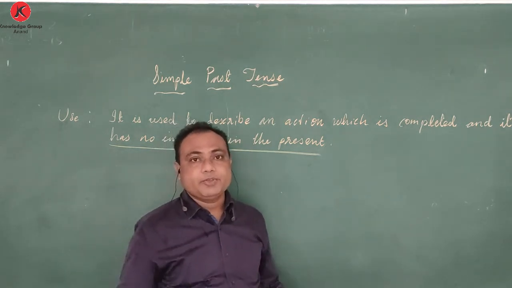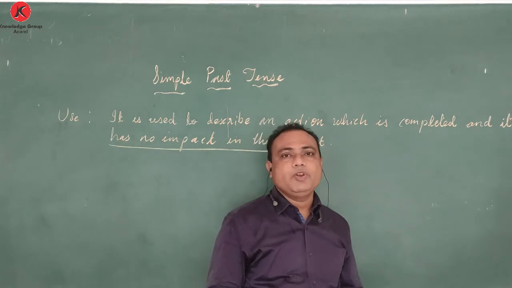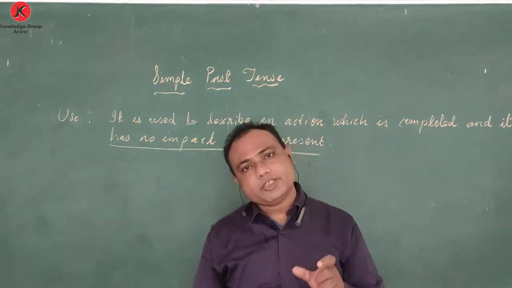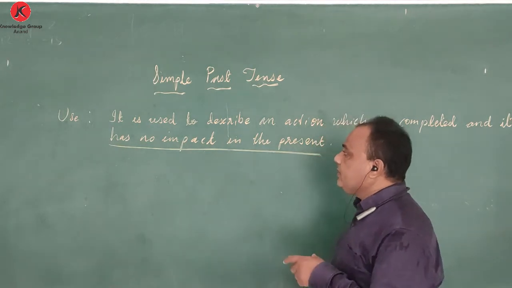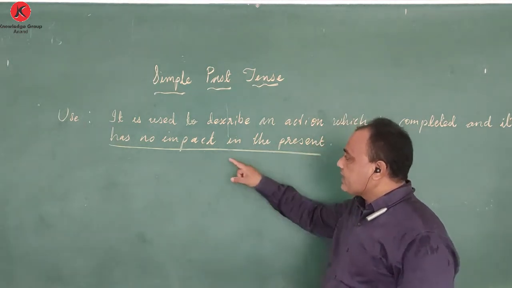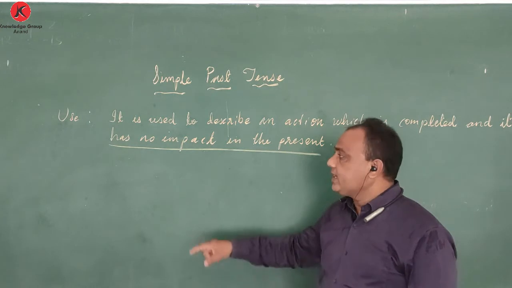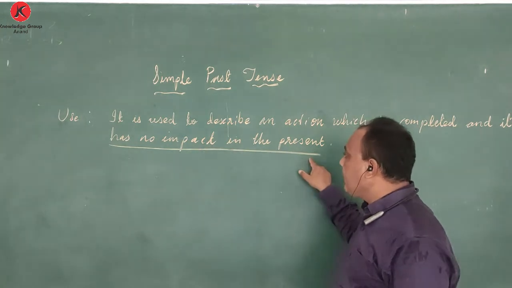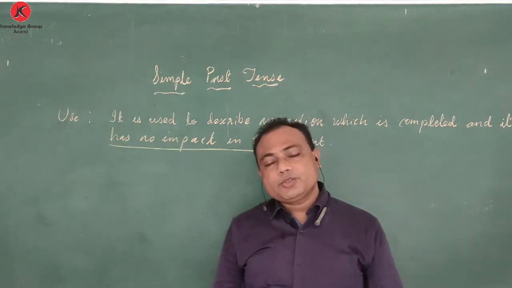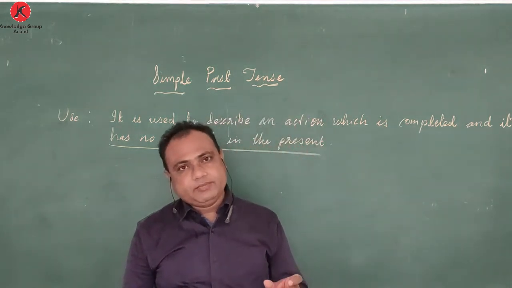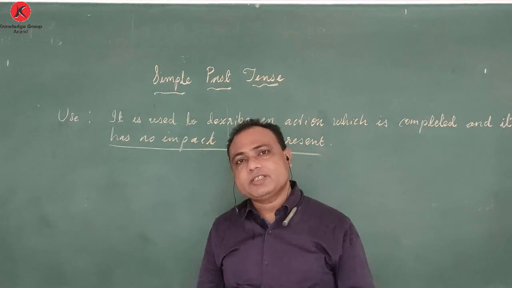Often we get confused whether the proper form of the verb will be in the present perfect or simple past tense, because in both situations the action is completed. Only the slightest difference you will notice there, that it has no impact in the present.